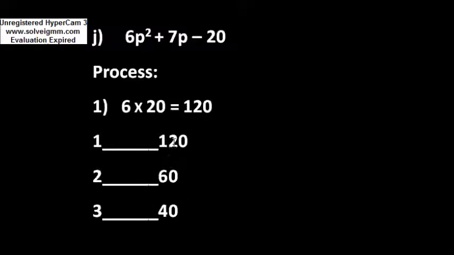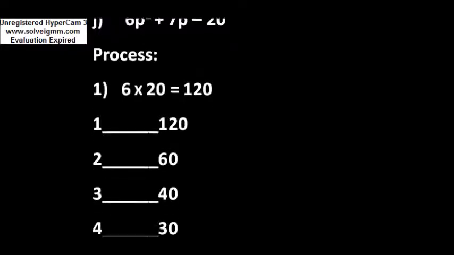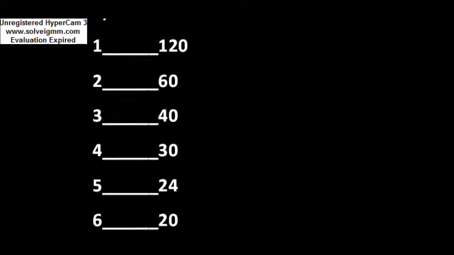Now you will subtract all these factors. 120 minus 1 is 119. 60 minus 2, 58. 40 minus 3, 37. 30 minus 4, 26. 24 minus 5, 19. 20 minus 6, 14. 15 minus 8, 7.